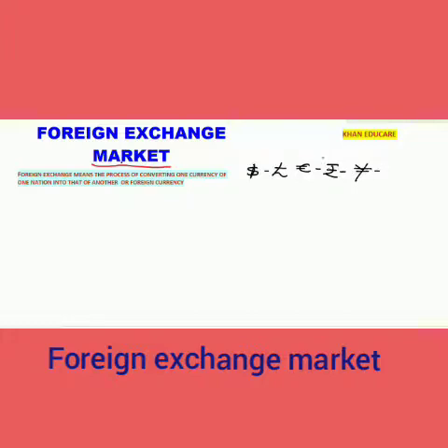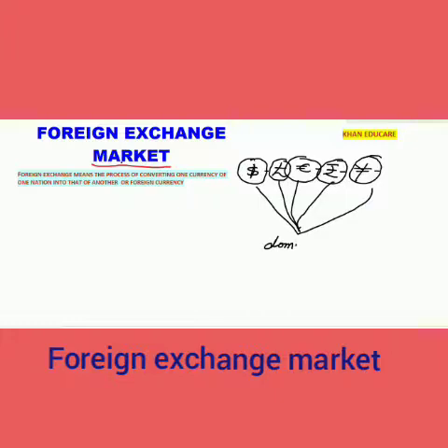European countries use the euro, America uses the US dollar, Great Britain uses the pound sterling, India uses the Indian rupee, and Japan uses the yen in their domestic trade and transactions.